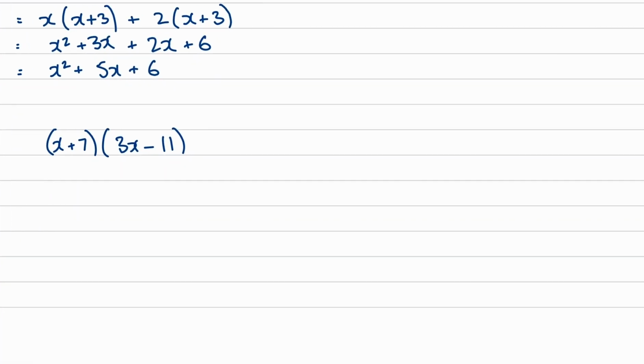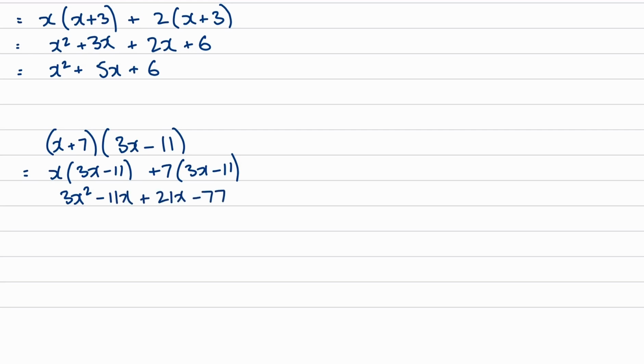So this opens up into x times (3x minus 11) plus 7 into (3x minus 11). So this opens up to 3x squared minus 11x plus 21x minus 77.